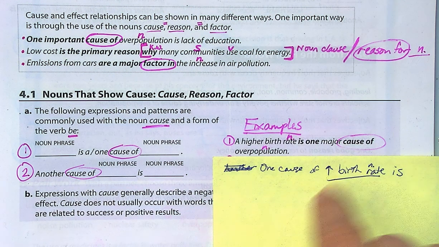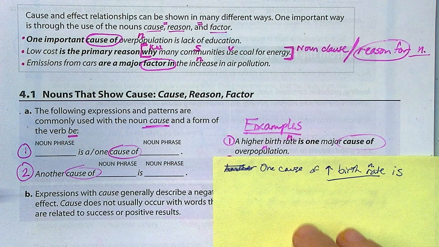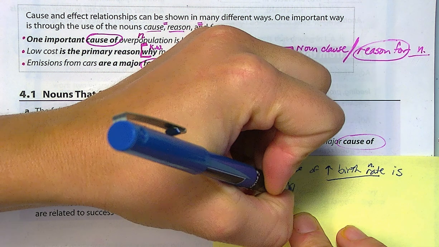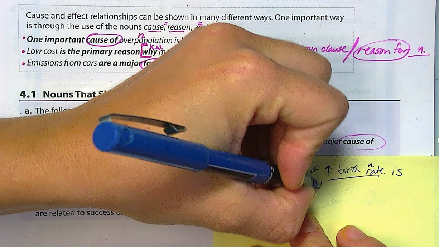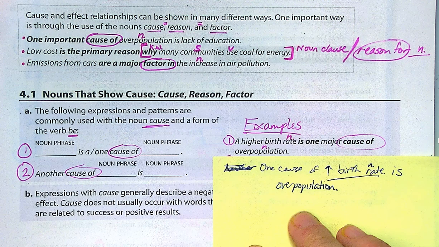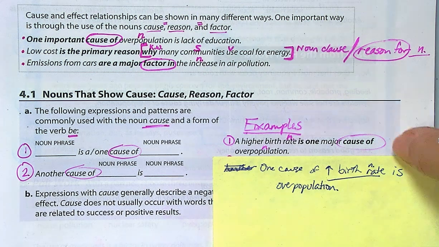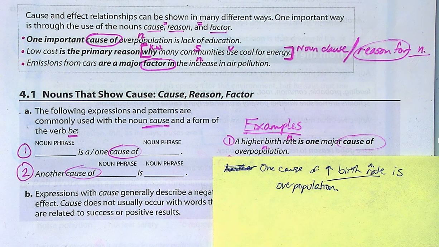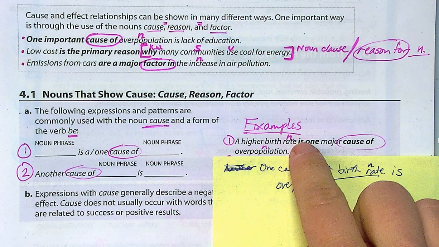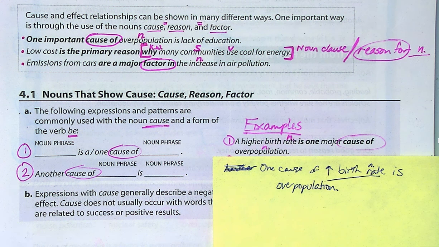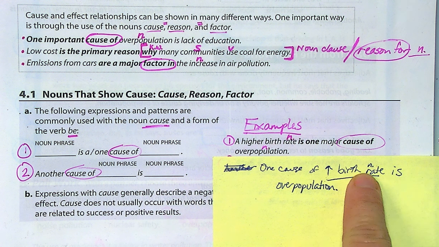What's our second noun in this sentence? Overpopulation. We can see that these two are almost the same sentences, but we're looking at 2 different possible ways to say it. Higher birth rate is one cause of overpopulation, or one cause of higher birth rate is overpopulation.